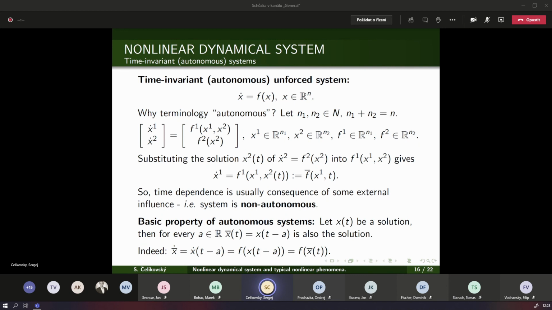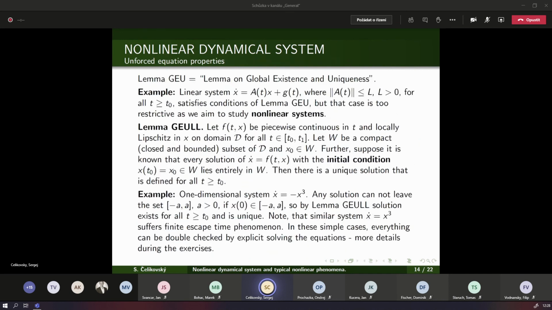That's why in autonomous systems we often say that, without any loss of generality, t0 will always be taken as 0.